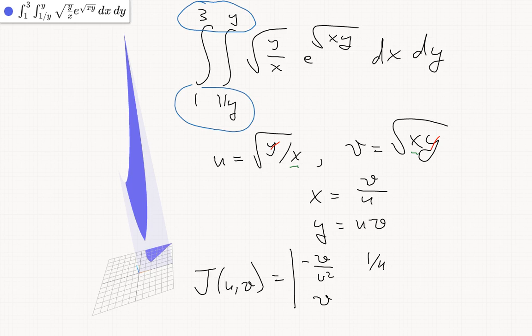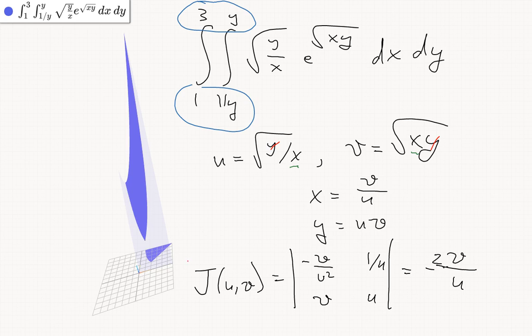Del x by del v will be 1 over u, and del y by del v will be u. So this will give negative v over u, and then minus another v over u, so minus 2v over u.